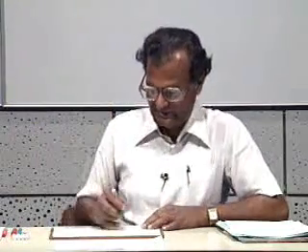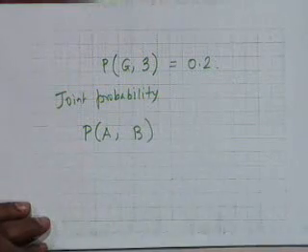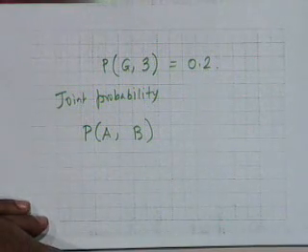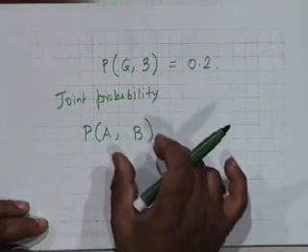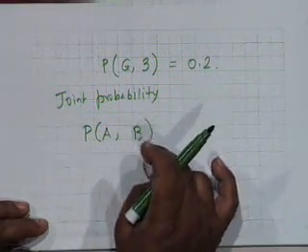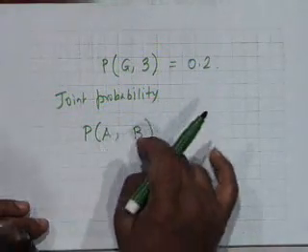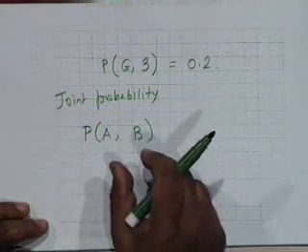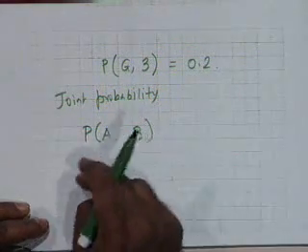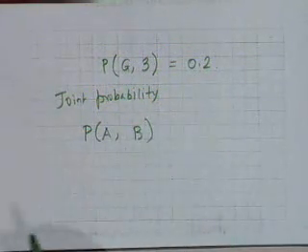In general, joint probability is defined for A and B as an event that is a combination of the happening of A as well as B. Both must occur. Then it will be called an event, and the probability is denoted by P(A, B).